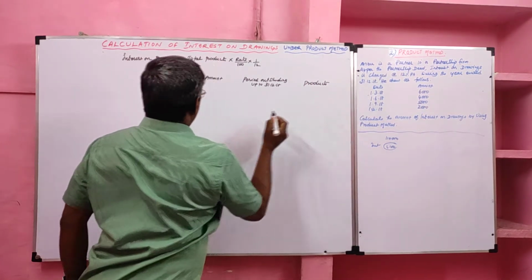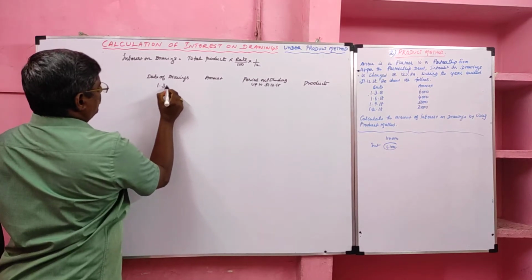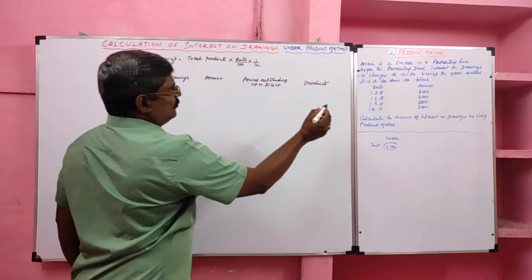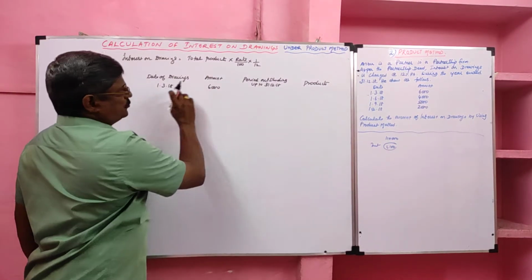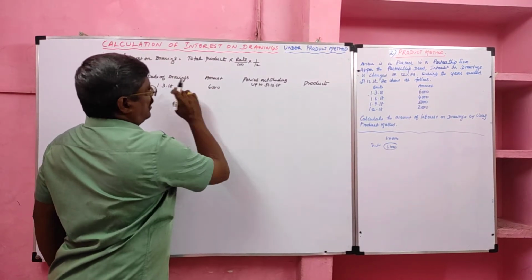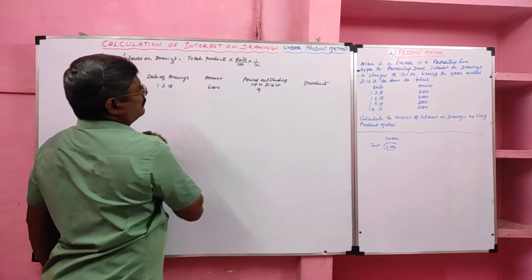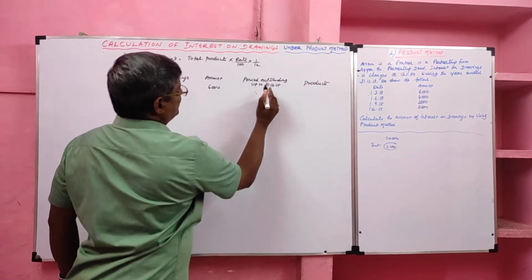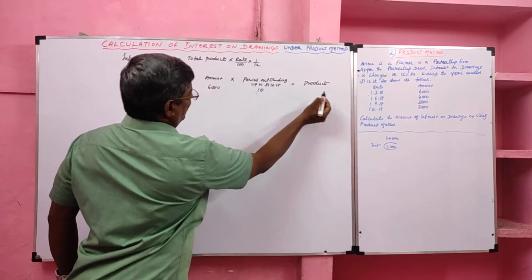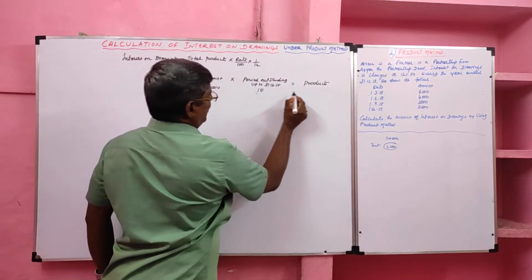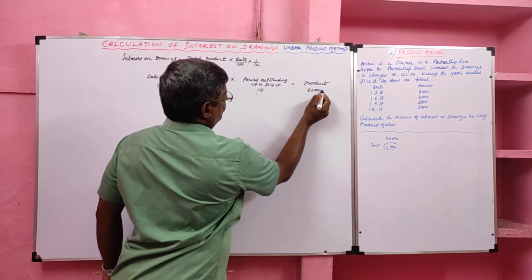So the first drawing is on 1st March 2018. The amount of drawing is 6,000. So 1st March to 31st December consists of 10 months. So 6,000 into 10, amount into period outstanding, will get what? Product. So 6,000 into 10 will get 60,000.